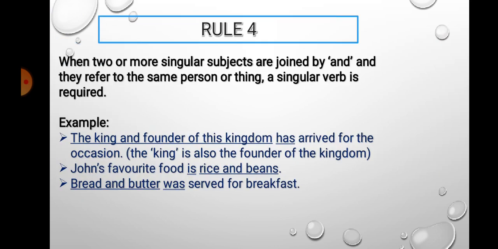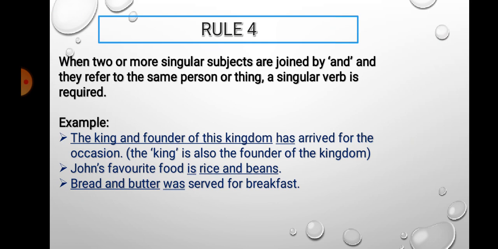Rule 4 says when two or more singular subjects are joined by and, they refer to the same person or thing, a singular verb is required.